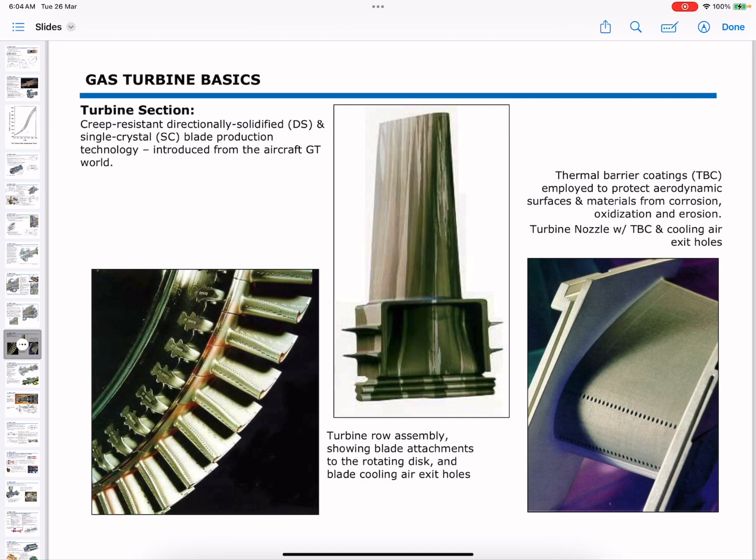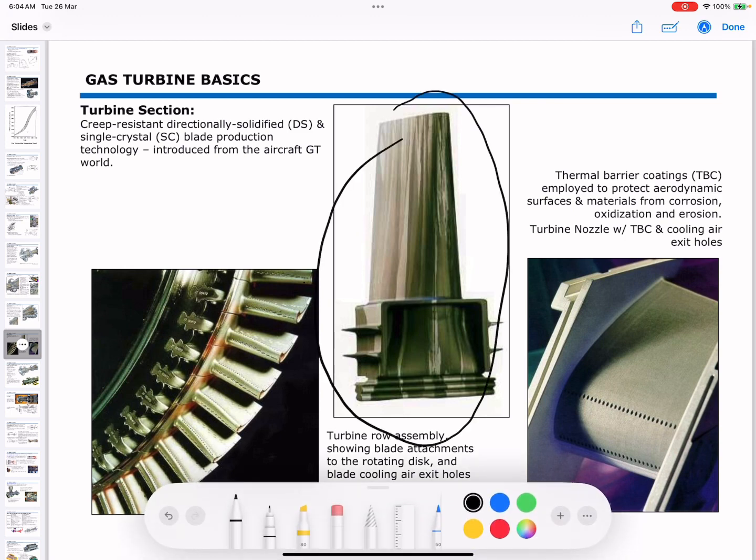I will explain the gas turbine basics. In the gas turbine section, it displays a part of the turbine containing blades. As you can see, here are the blades, also here, made using creep resistant and directionally solidified, DS, and single crystal structure, which is SC.